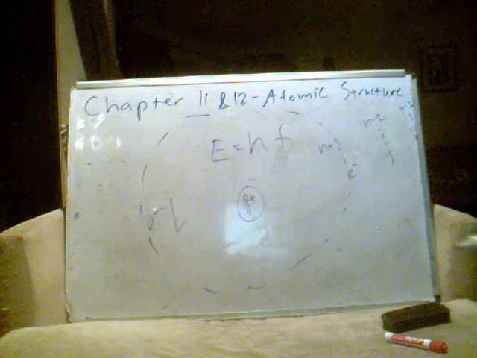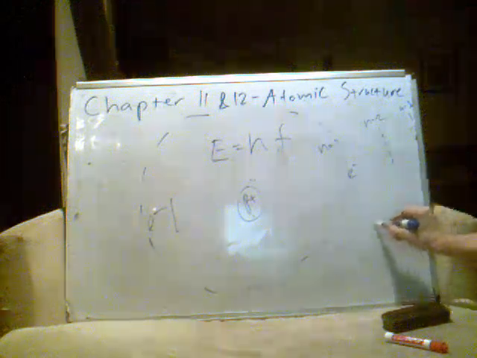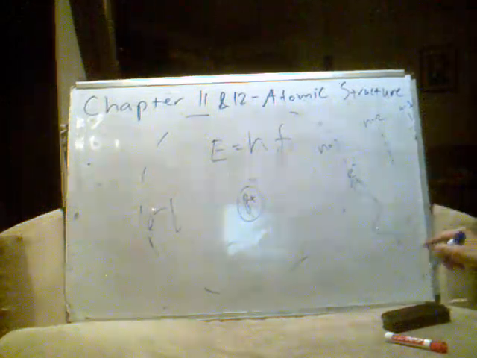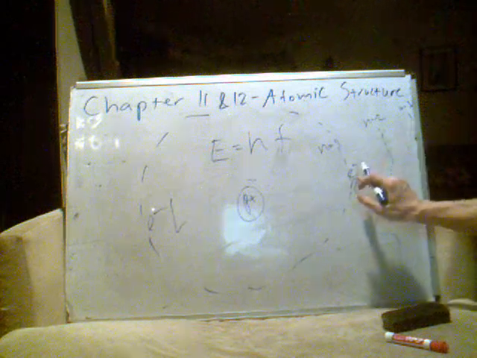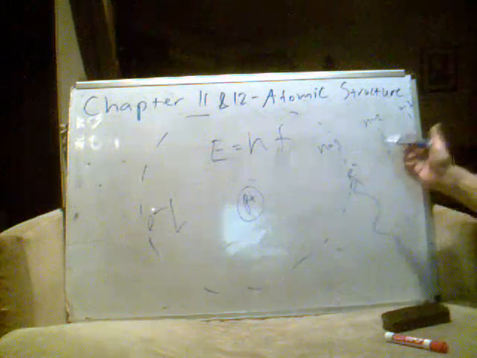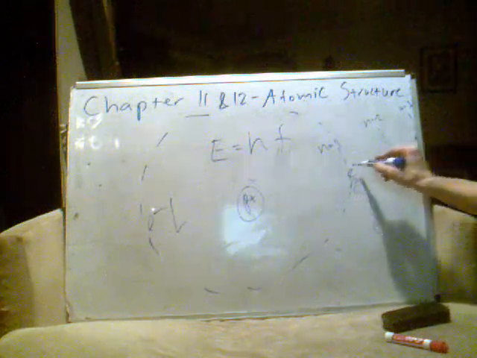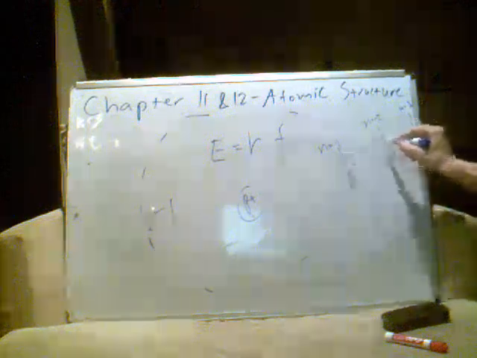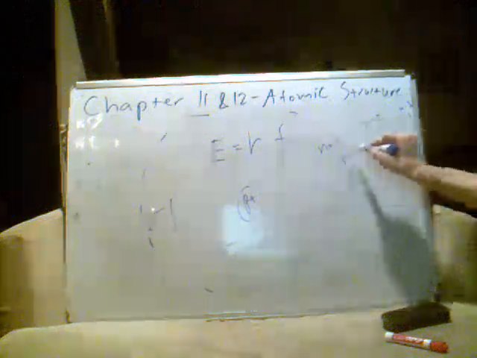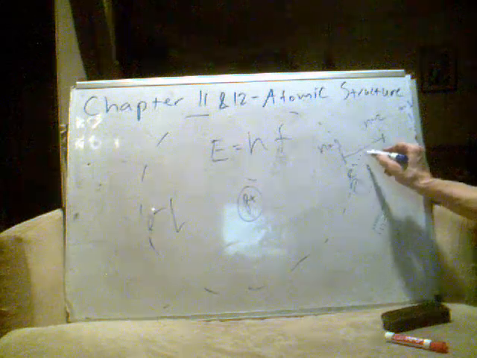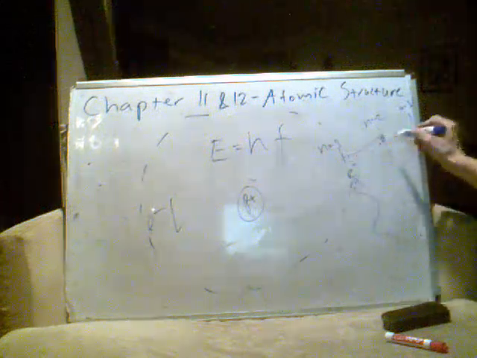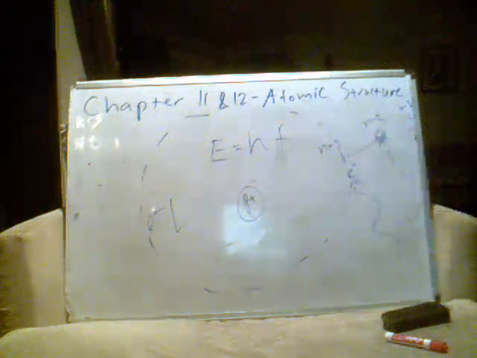But suffice to say, if some light comes up here, some photon comes up here and strikes you, and it gives you just enough energy, the exact amount of energy corresponding to the difference in between these two energy states, this electron can get excited up to a higher energy state.